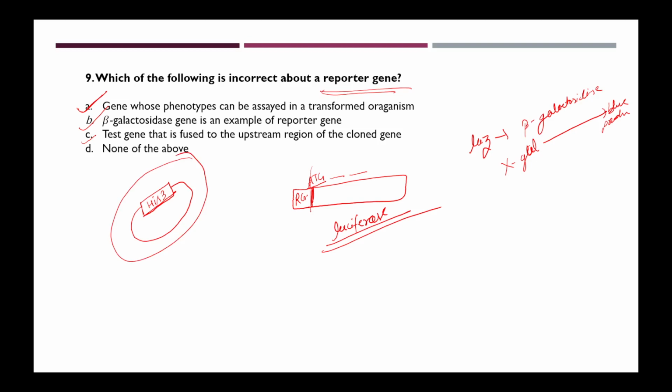To grow this kind of cell, like the empty cell without plasmid, you have to provide histidine in the media, in the plate. But if you have the plasmid in it, without histidine in the medium, your cells will grow. So that's how you select these kind of clones, transformants.